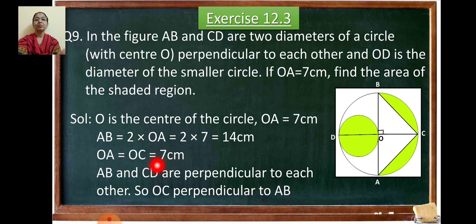AB and CD being perpendicular to each other, this OC is also perpendicular to AB. So why I am telling this? Because to find the area of triangle, we need base and height, means perpendicular length. So for this triangle ABC, what is the base? AB is the base and OC is the height.